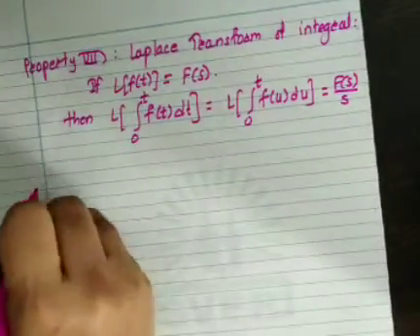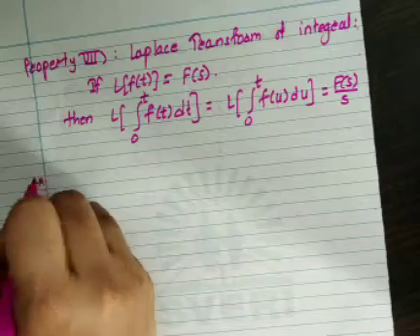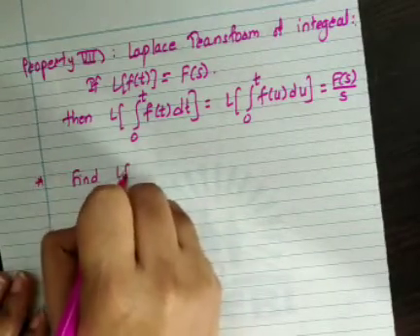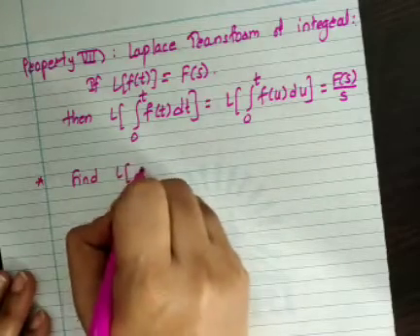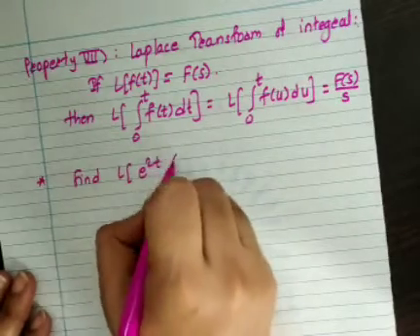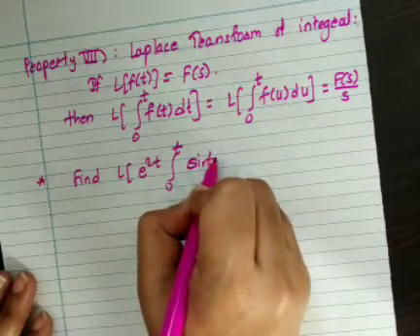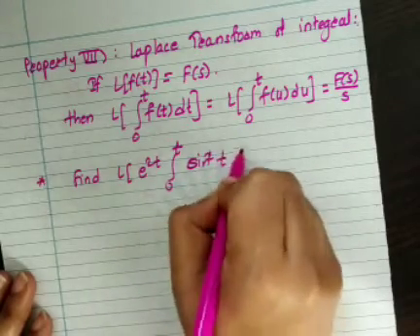we'll solve examples. Find the Laplace transform of e raised to 2t integration 0 to t sin square t dt.